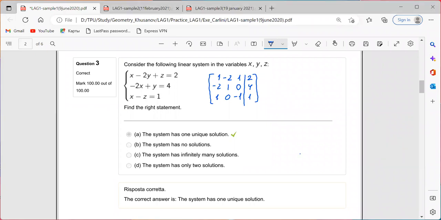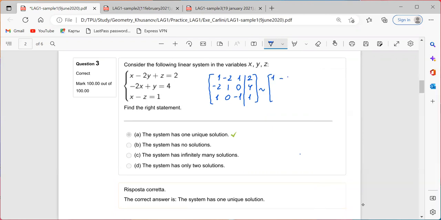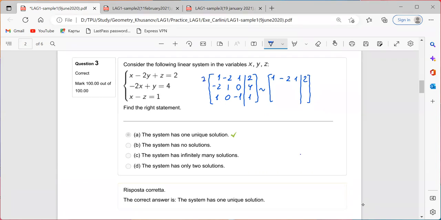Gauss elimination, so we have to consider equivalent matrices. What can we do? The first row we will not change: 1 and 2. Then we can multiply the first row by 2 and add to the second row.